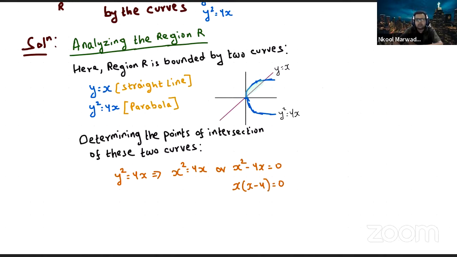It means that two values of x I got: x is equal to 0 and x is equal to 4. So these are the points of intersection.